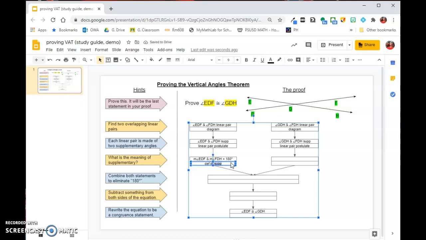That's good enough. I'm going to use that again over here. And I'm going to reuse this pair of angles right here. And I'm going to reuse equals 180 degrees right here.